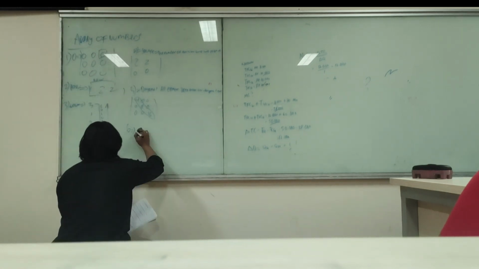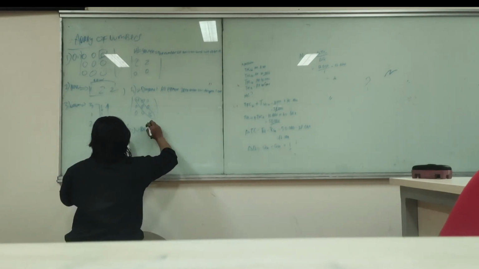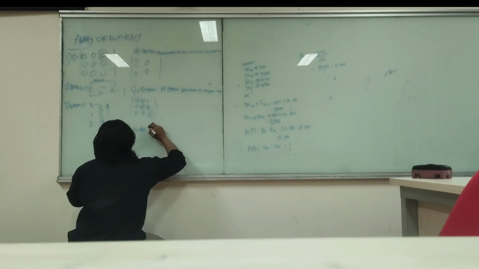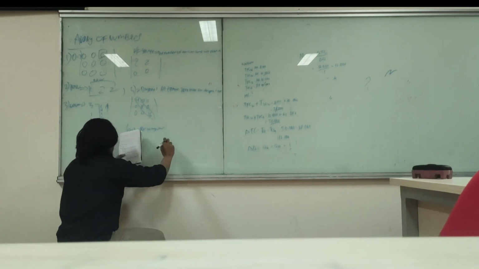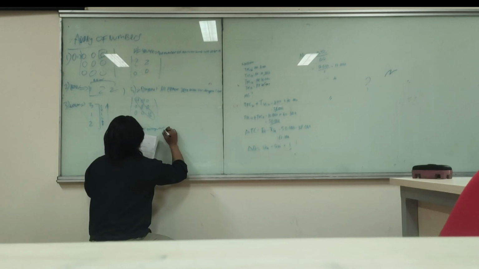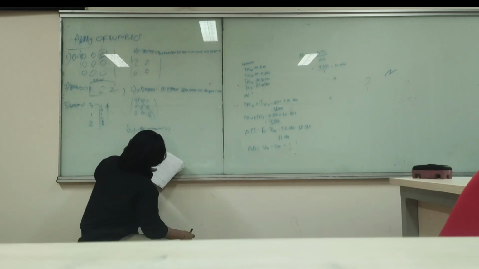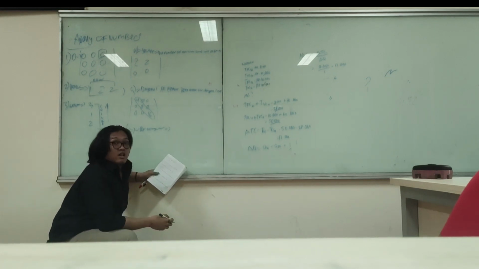In the sixth one, the final one, upper triangular. Okay, I'm going to do this triangular. Basically, all the elements make this type of triangle.